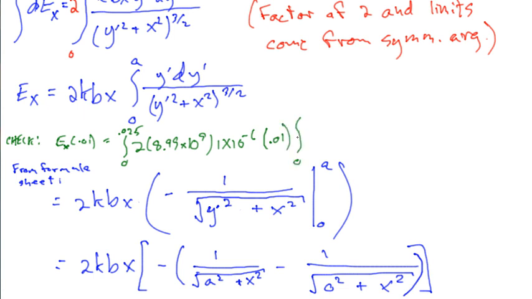This goes from 0. Ooh, they're all inside already, so I don't need that. I'm already inside the integral. So times y prime, which in my calculator I'm going to type in as x divided by y prime squared plus 0.01 squared all to the 3 halves, and then times dy prime.